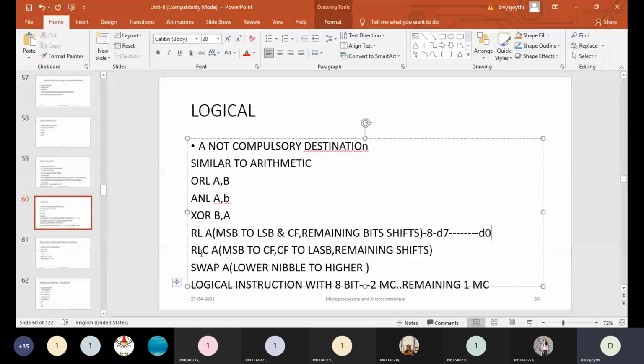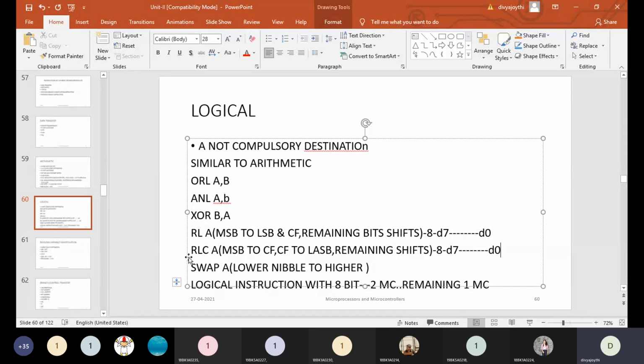But whenever you are saying rotate left with carry, here also just consider the same thing. 8 bits, we are representing that with D7 to D0. What will be the result after executing these two? In rotate left, the D7 value will be there in the place of D0, and the D0 value will be in D1, D1 will be in D2, D2 will be in D3. That is how the rotation is going to be.